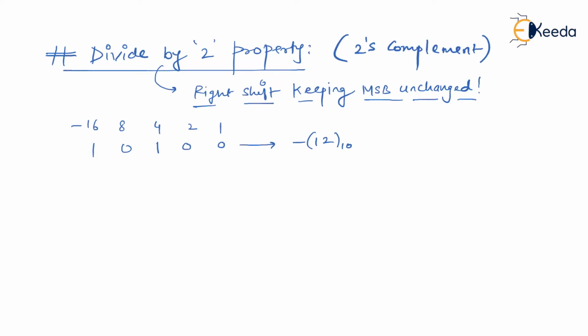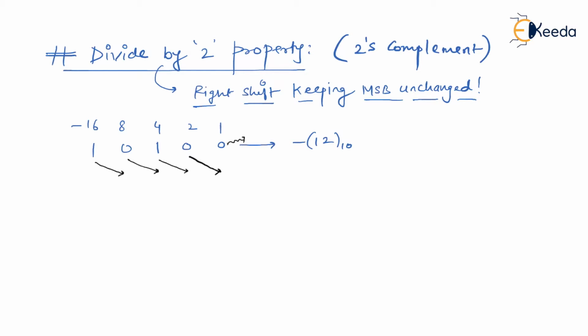Now I'm going to apply a right shift here. How do we do that? Very simple. The whole number gets shifted to the right. This 1 gets shifted here, this 0 gets shifted here, this 1 gets shifted here, this 0 gets shifted here, and this last bit vanishes, out of the frame now.